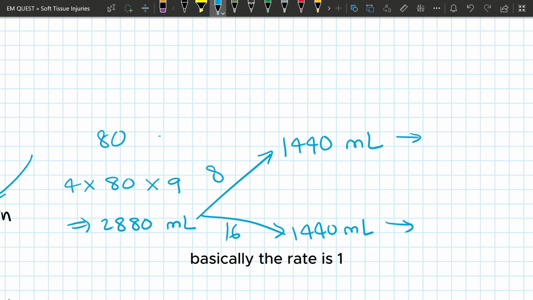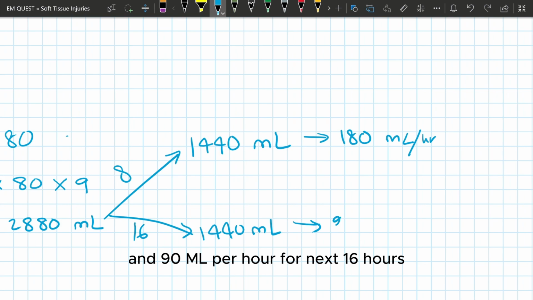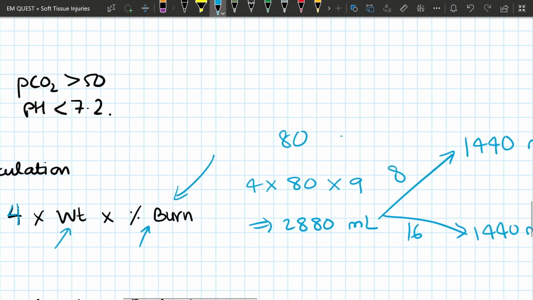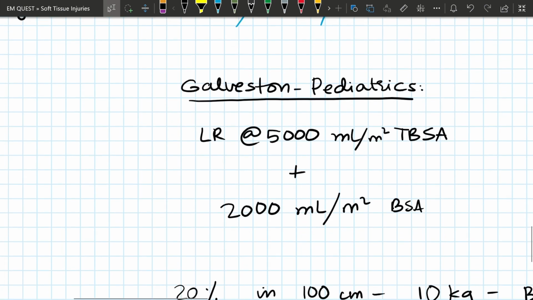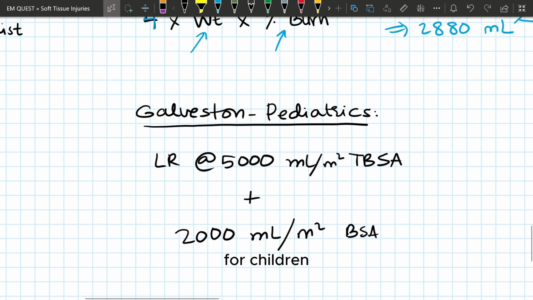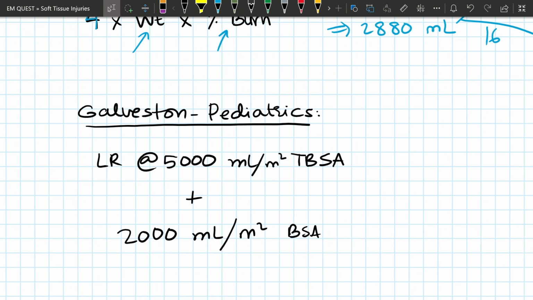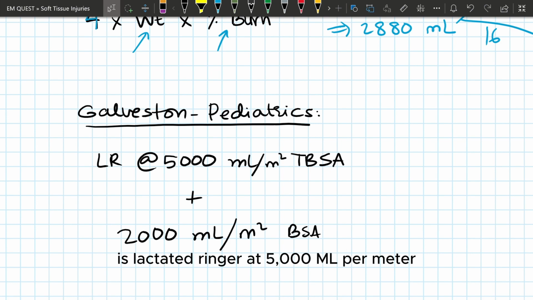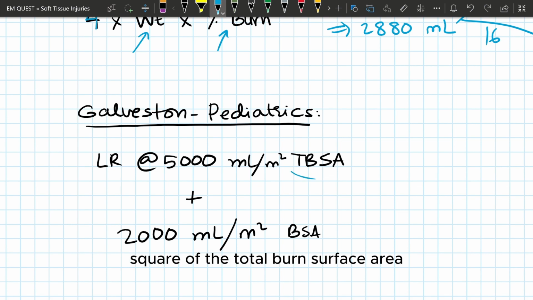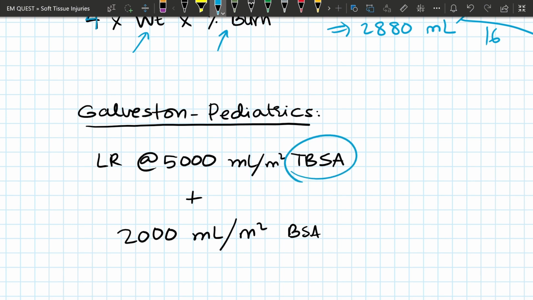Basically the rate is 180 ml per hour and 90 ml per hour for the next 16 hours. For children, Galveston rule is preferred. So the way that it is calculated is lactated Ringer at 5000 ml per meter square of the total burn surface area plus 2000 ml per meter square of body surface area.